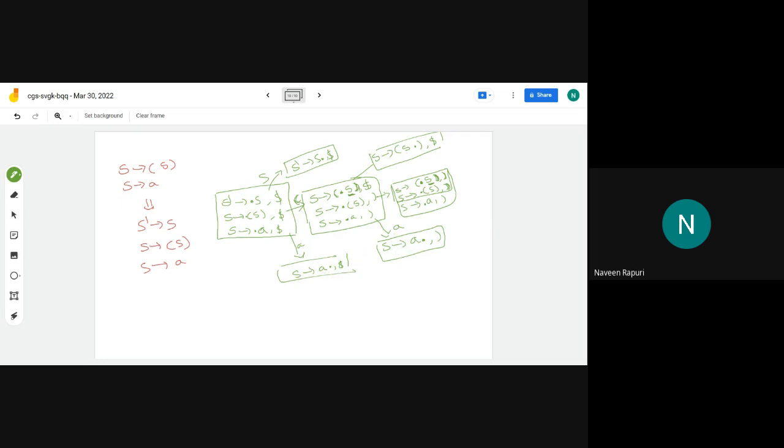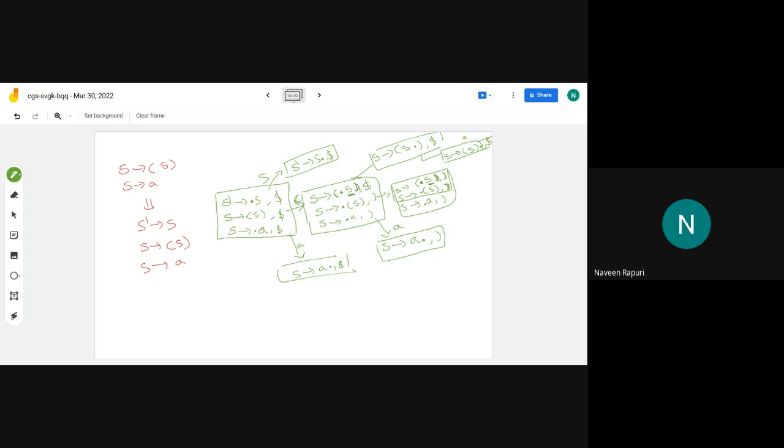Like productions can be merged. So here, if we check, S derives S dot comma dollar. It is completed.